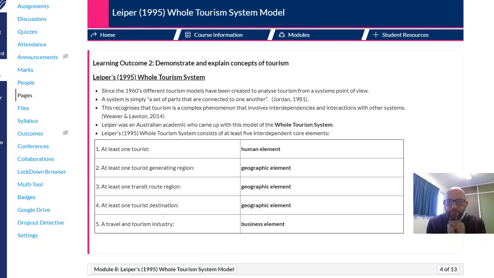Now, more often than not, there is more than one tourist that makes up the tourism system, as you know. There's normally millions and millions of tourists every year that are traveling. On many occasions, people travel more than once in a year. Everyone leaves from somewhere.